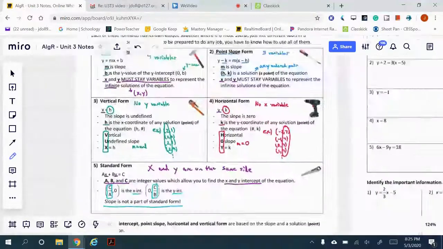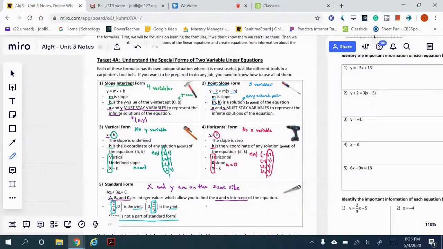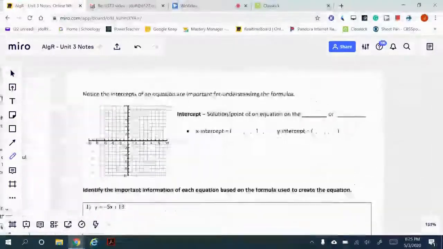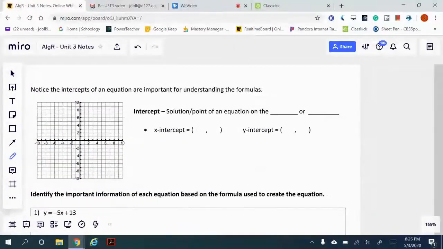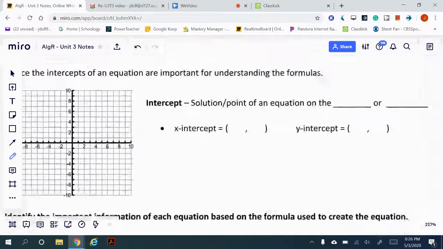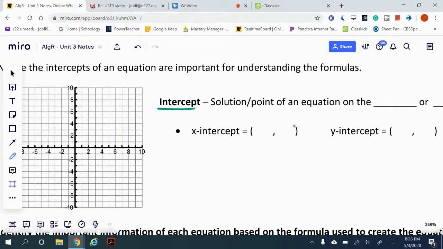All right, so guys, that was a detailed walkthrough of these formulas. Again, if you forget something, you can always rewind and come back to that. But before we end our video today, I do want to talk about two important vocabulary words that we referenced, especially in standard form, but one of them we definitely referenced in slope-intercept form, and that is the vocabulary word of an intercept.